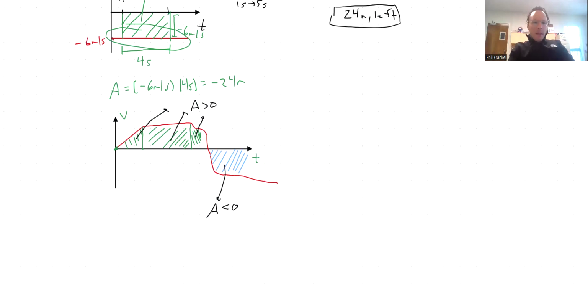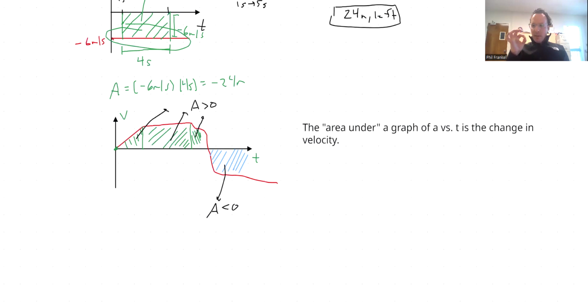All right, I'm going to make another statement here, which is the following. The area under a graph of acceleration versus time is the change in velocity. This must be true because position is related to velocity in the same way that velocity is related to acceleration, right?